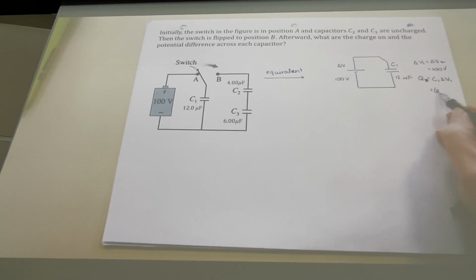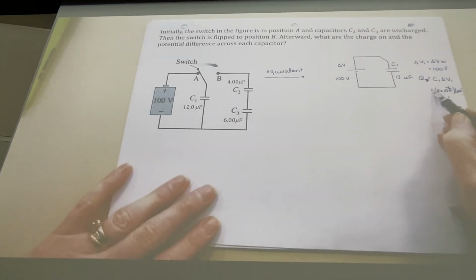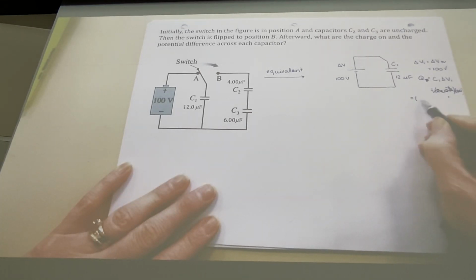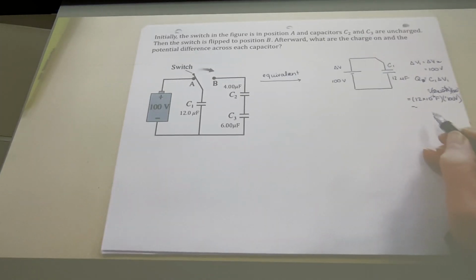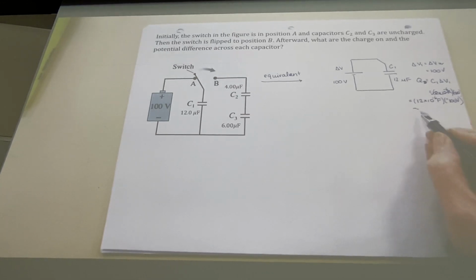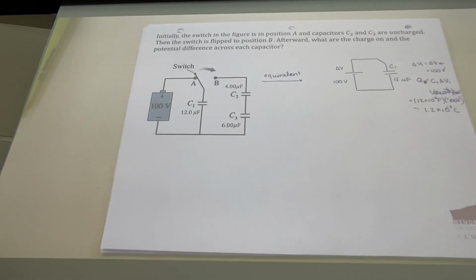So 12 times 10 to the minus 6 farads times 100 volts. Sorry, I thought I had room to write that properly. Clearly I didn't. 12 times 10 to the minus 6 farads times 100 volts gives us 1200 microcoulombs, or 1.2 times 10 to the minus 3 coulombs. Okay, so this is the beginning. This is what's happening at the start of the problem.